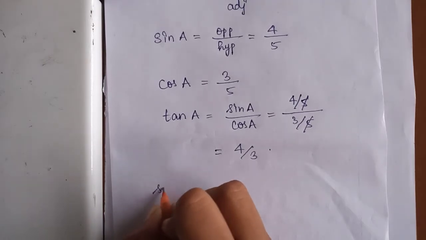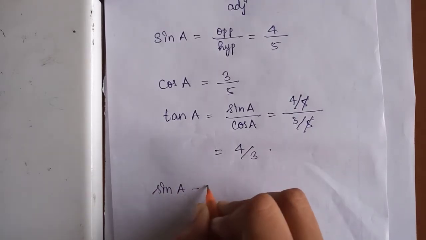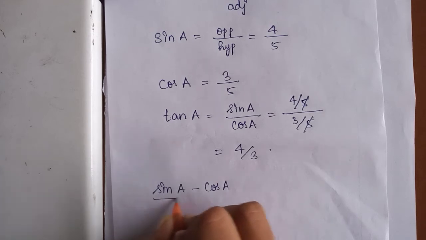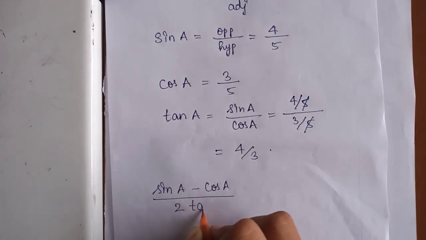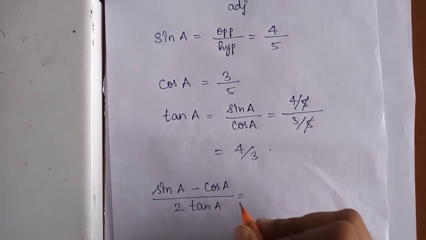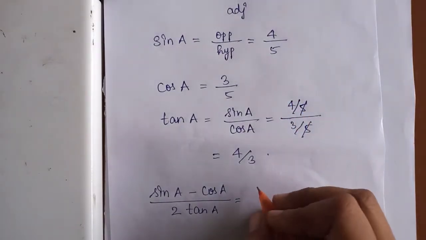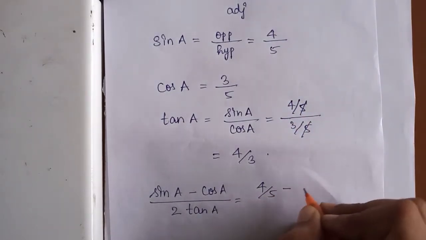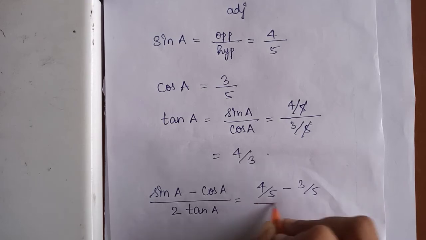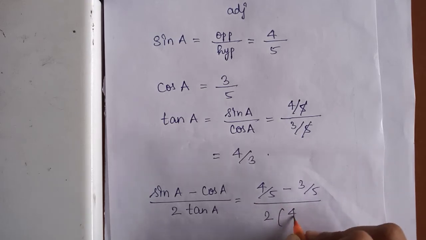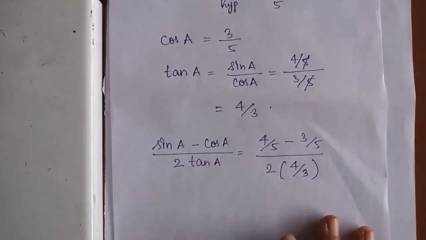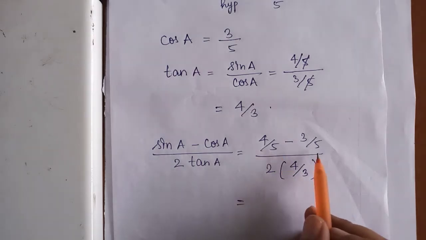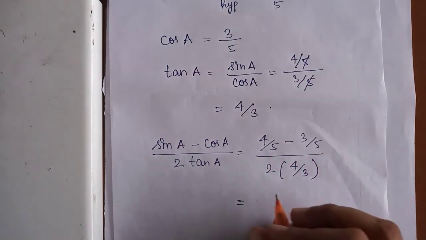You have to find the value of sin A minus cos A divided by 2 tan A. So now we find the sin A value is 4 by 5. So 4 by 5 minus 3 by 5 divided by 2 into 4 by 3. So which is equal to, the denominators are the same, we can subtract the numerators.